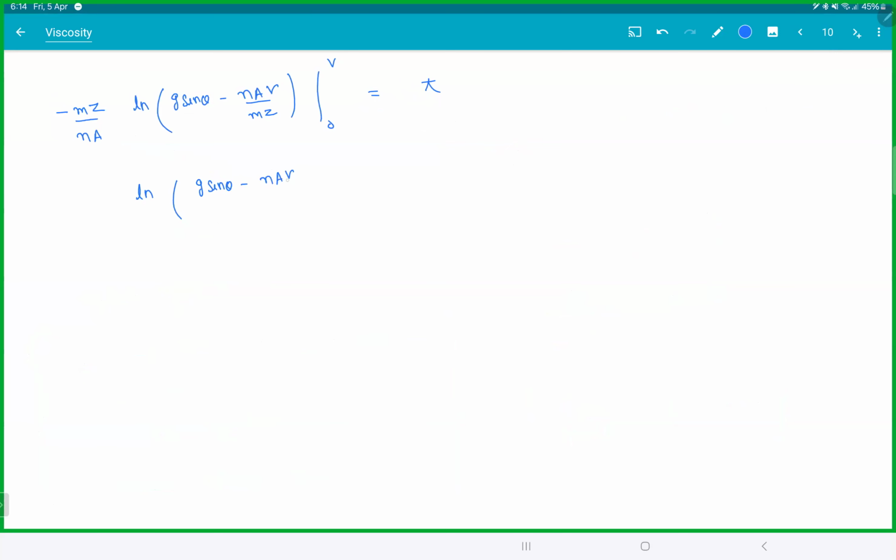Sine theta minus this will be minus eta A time by mz. We get mg sine theta z by eta times one minus e power minus. That's your velocity as function of time t.